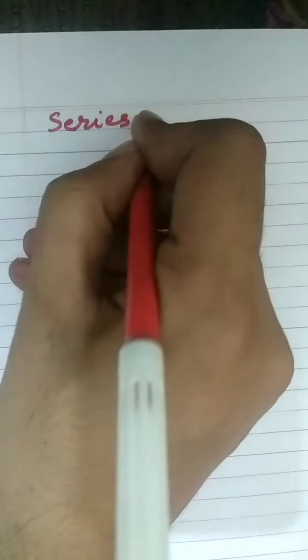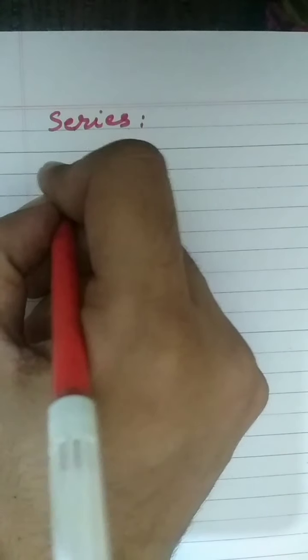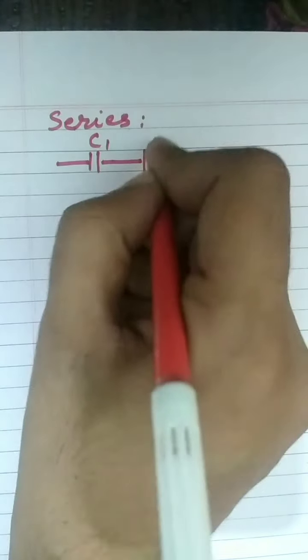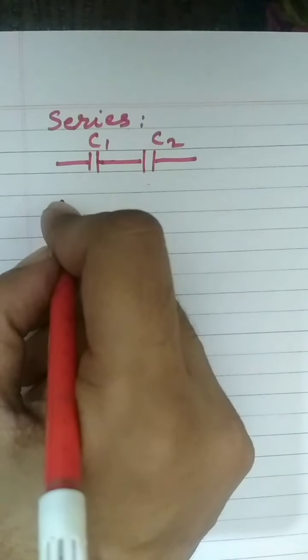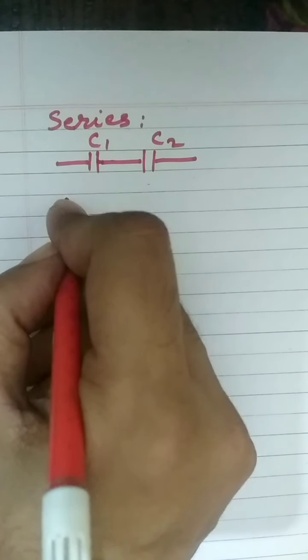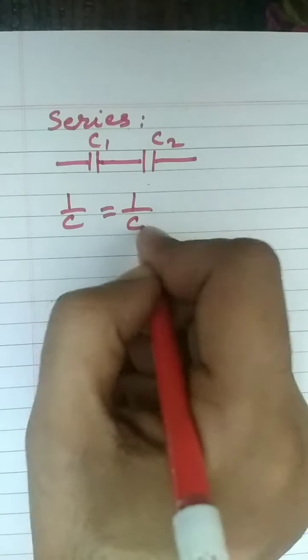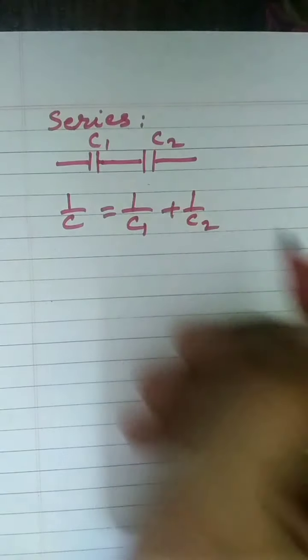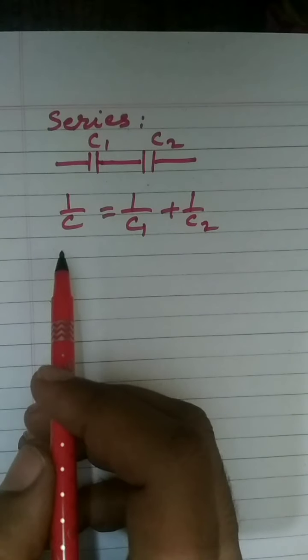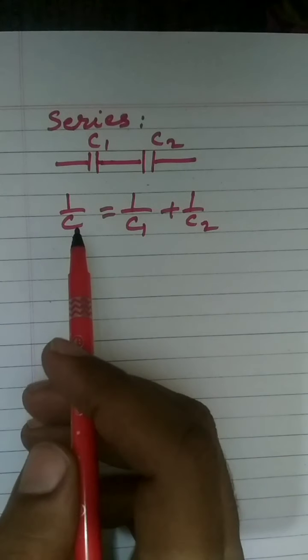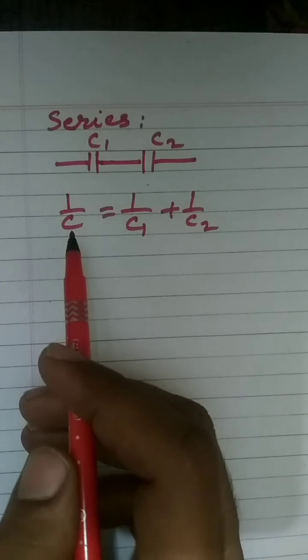So when the two capacitors are connected in series, let's say C1 and C2, then the equivalent of this combination can be represented by 1 upon C equal to 1 upon C1 plus 1 upon C2, where C is the equivalent capacitance. So it is like the parallel connection of resistance or inductance.